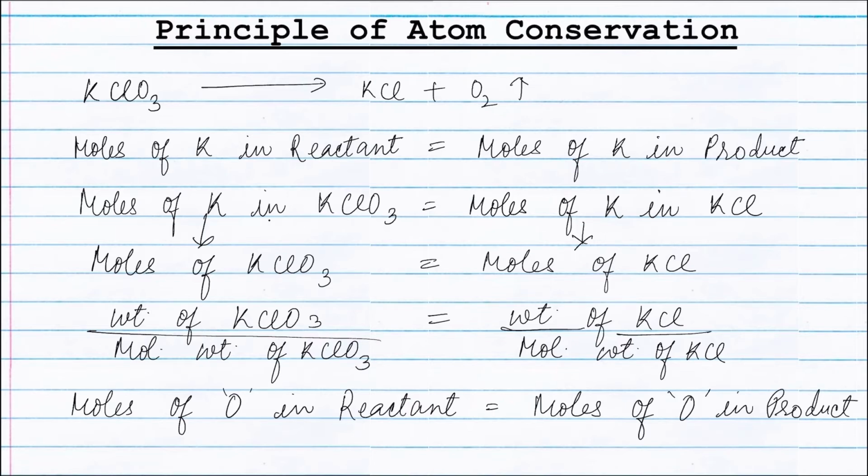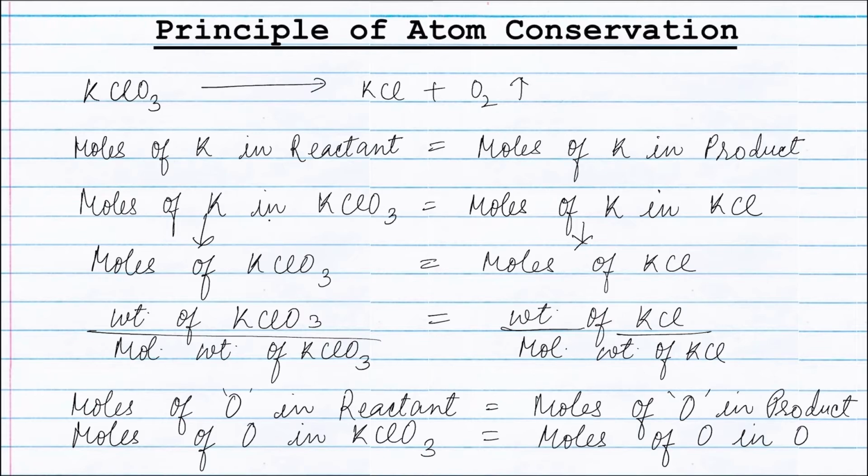Now, moles of oxygen in reactant will be equal to moles of oxygen in KClO3, and this is equal to moles of oxygen in O2. On the product side, oxygen gas contains oxygen.